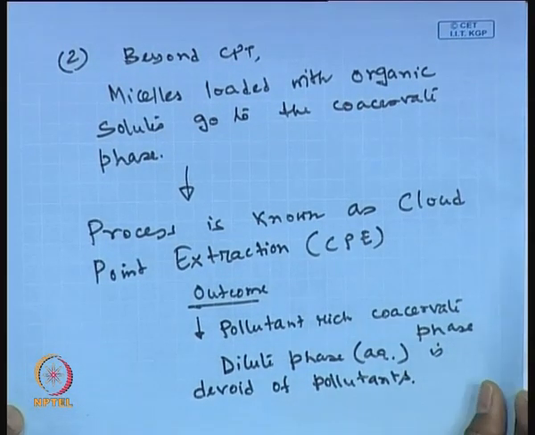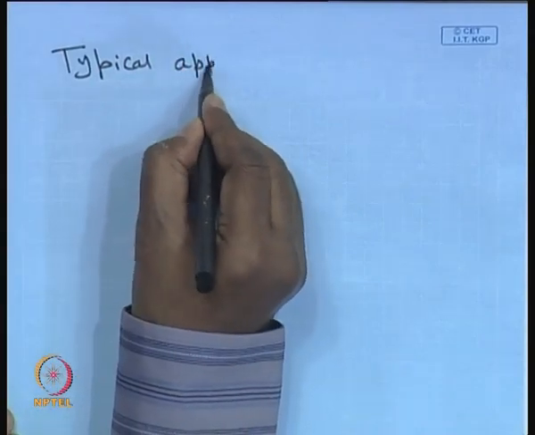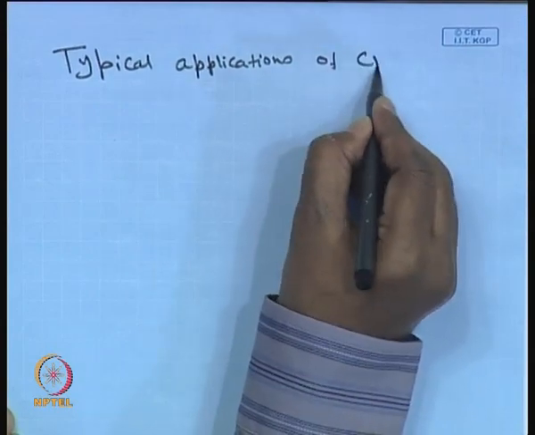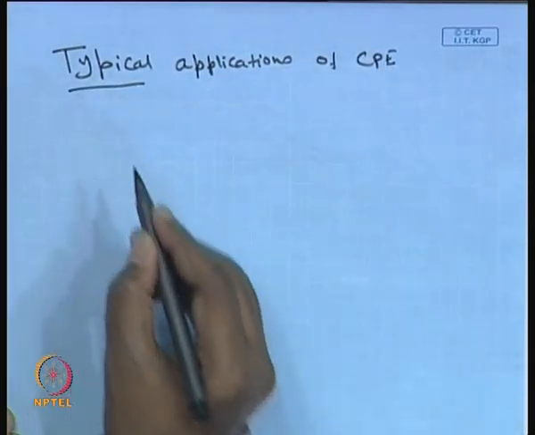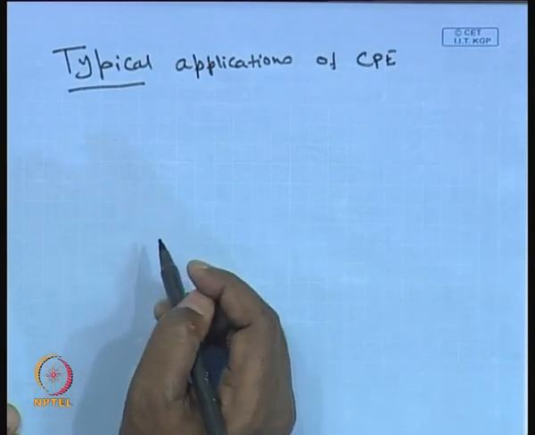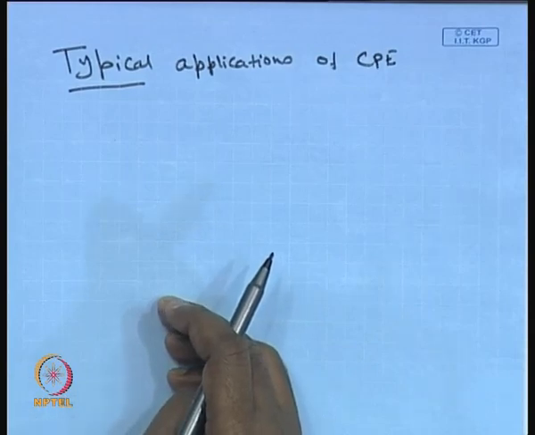Let us look into some typical applications of cloud point extraction. Removal of PAH, known as polycyclic aromatic hydrocarbons. These PAH are abundantly available in the aqueous phase, or in the water near refineries. These PAH are carcinogenic, they are cancer-causing components.